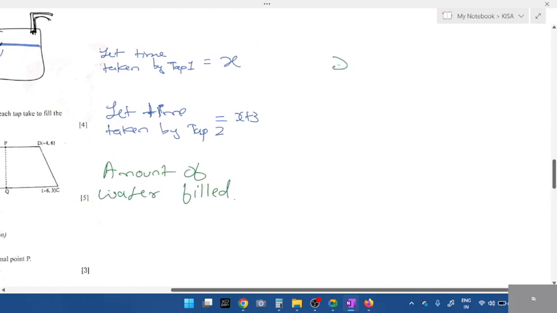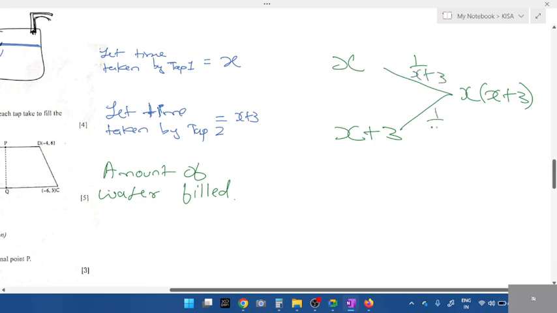So students, this is actually the unitary method. We use the unitary method concept, x and x plus 3. So if you take LCM, remember this concept. See, x is one value, x plus 3, students. Time taken by tap 1 and time taken by tap 2.